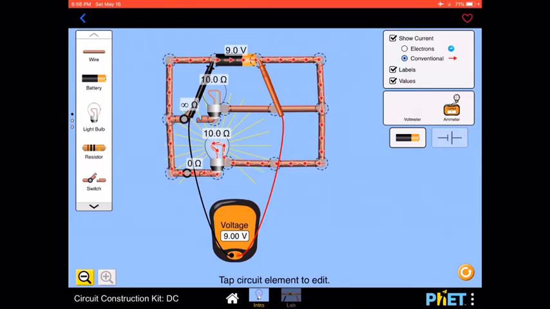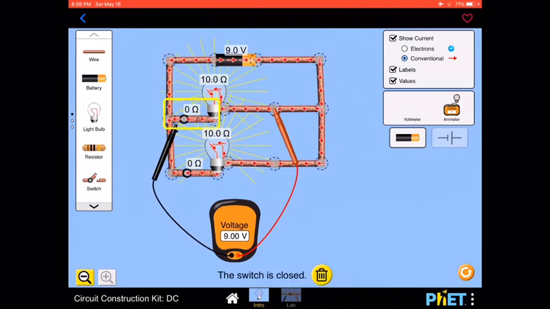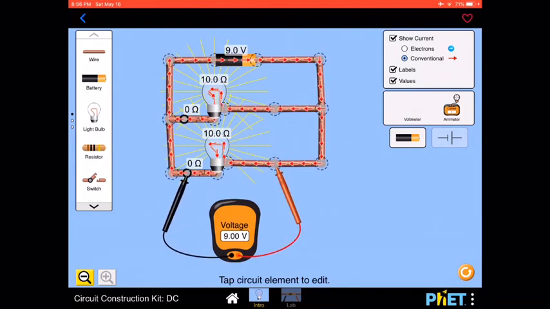So the voltage of the battery is what we're reading on this voltmeter, and we're happy with that. If we take the voltage across this resistor, let's say close it, we find 9 volts. If I take it across this resistor, it's 9 volts. And like I said earlier, the voltages across parallel resistors are the same.